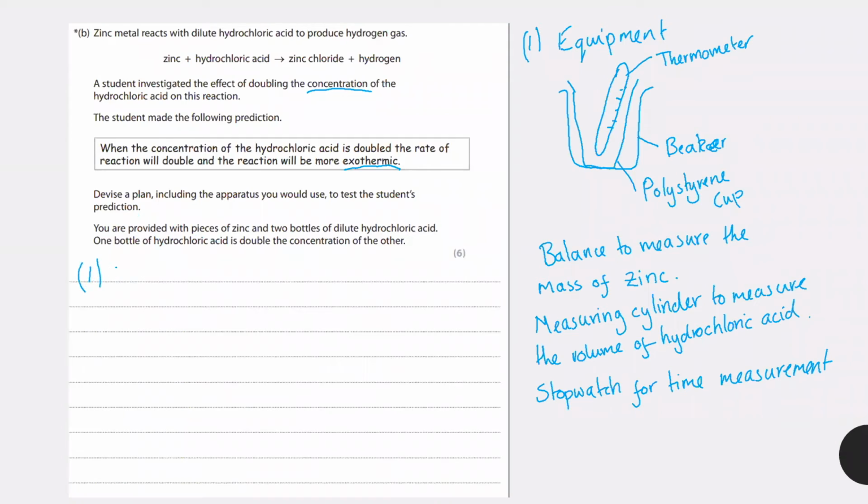Number 1: we can have two sets of this. 2 polystyrene cups, identical ones from the same packet, in 2 beakers, so they're both identical, with identical thermometers, the same type of thermometer as well.